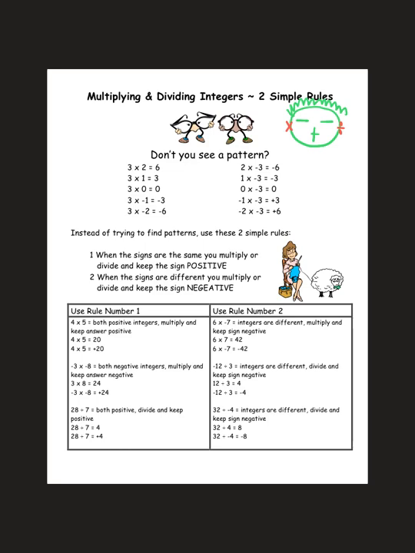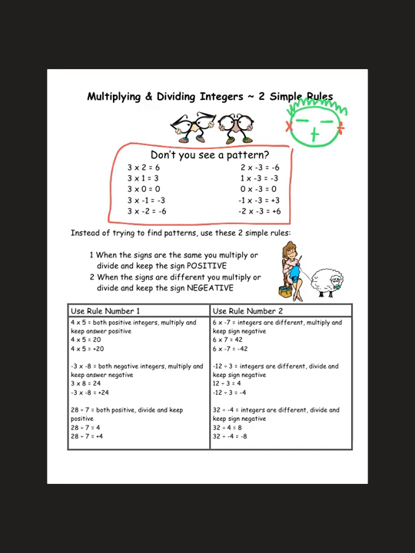Before I introduce anything else or talk to you anymore about Mr. Drowsy Man, let's look here and see if we see a pattern when we are multiplying and dividing integers and what the rule might tell us. We have a positive 3 times a positive 2 gives us positive 6. So we have a lot of positives times positives.